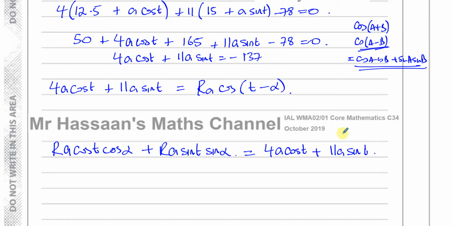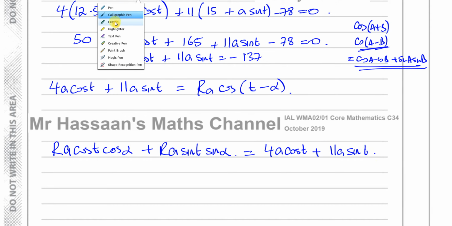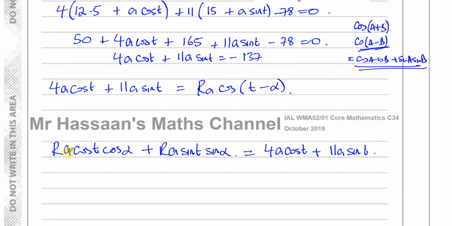Now I can compare the coefficients of each of these sides. Here I have cosine t multiplied by ra cosine alpha, and here I have cosine t multiplied by 4a. In the second one, I have sine t multiplied by ra sine alpha, and sine t here multiplied by 11a.